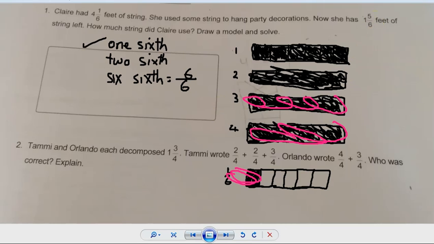So let us shade only 5/6 of this square here. So it's going to be 1, 2, 3, 4, 5, 6. So 6 pieces, and she had 1 whole left and 5/6. So we are going to shade 5 out of the 6.